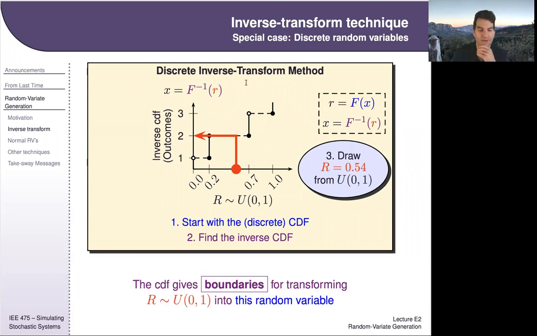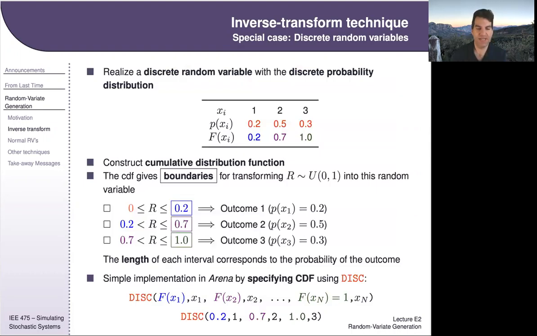All right, so mathematically, what we're seeing here is that for this discrete random variable, my CDF down here, 0.2, 0.7, 1.0, effectively gives me boundaries of the random number that I draw and how it maps to the outcomes of this random variable.